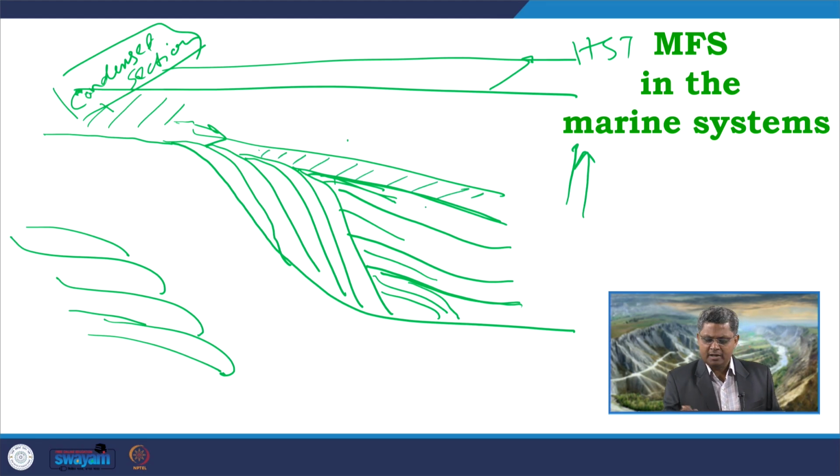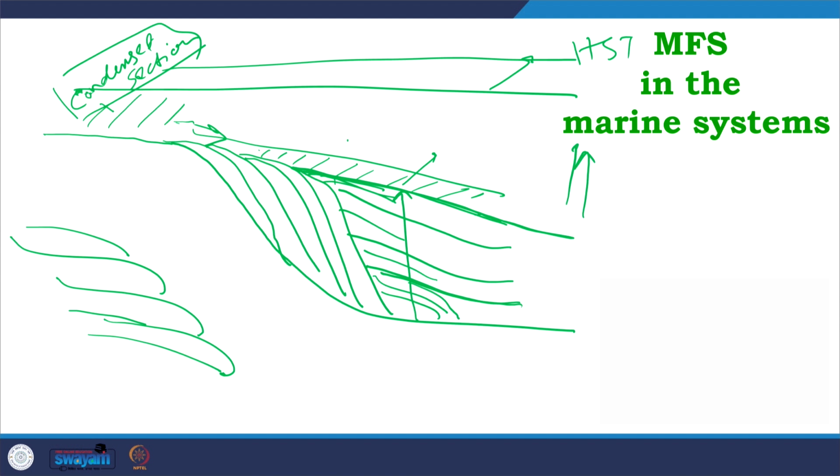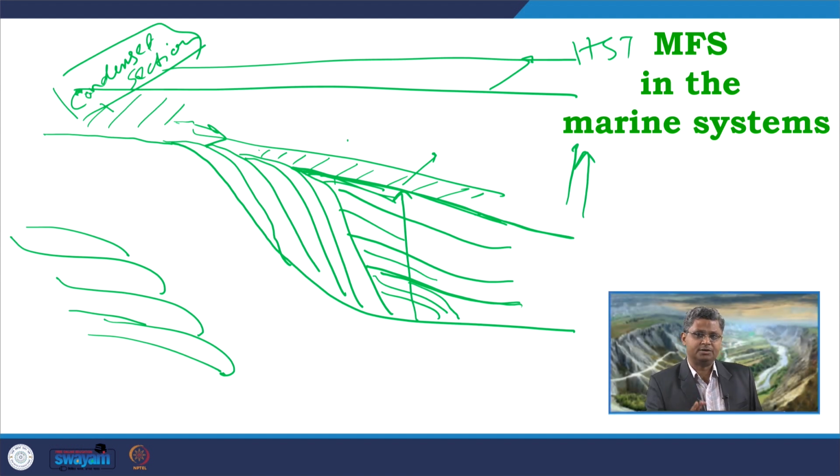In this part the maximum flooding surface can be very easily distinguished, very easily demarcated by the ending of these onlapping gravity flow deposits overlain by these hemipelagic or pelagic deposits, which indicates the HST phase. So, this is the characteristic we often observe in the deep basinal part.